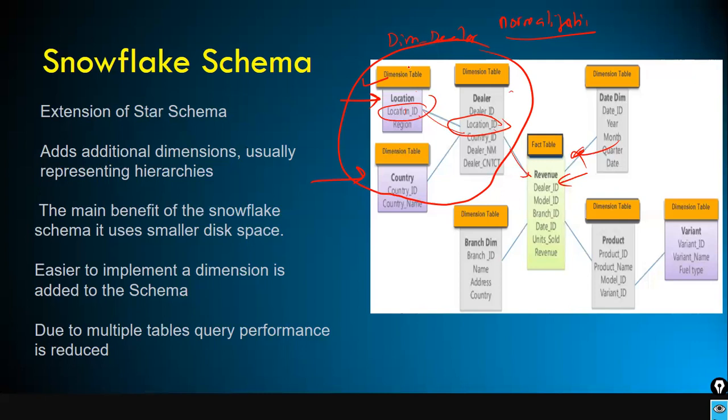Hence, what we do is we denormalize these three tables that were currently normalized. If we denormalize this, which means keeping all the information in a single table, you call this a dim dealer. So that is your star schema. Now you understood the difference between star schema and Snowflake schema.